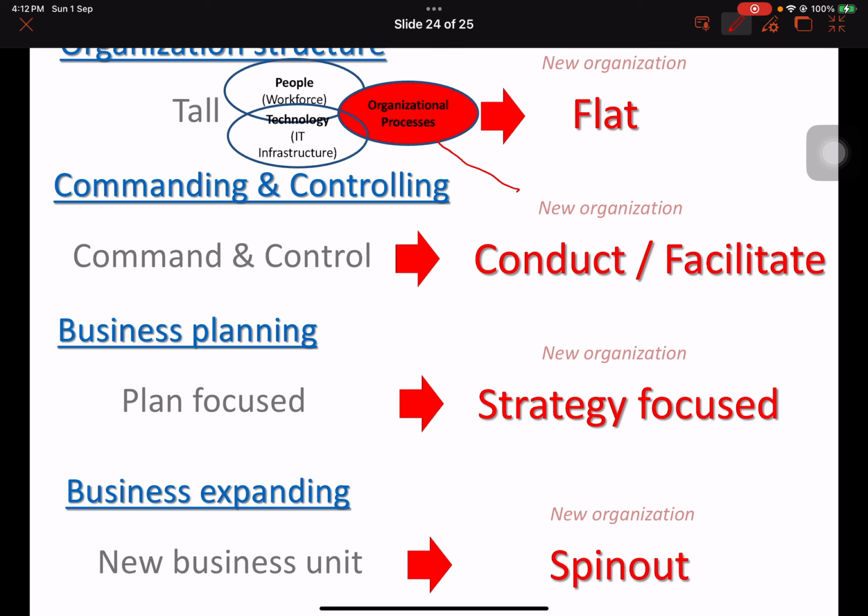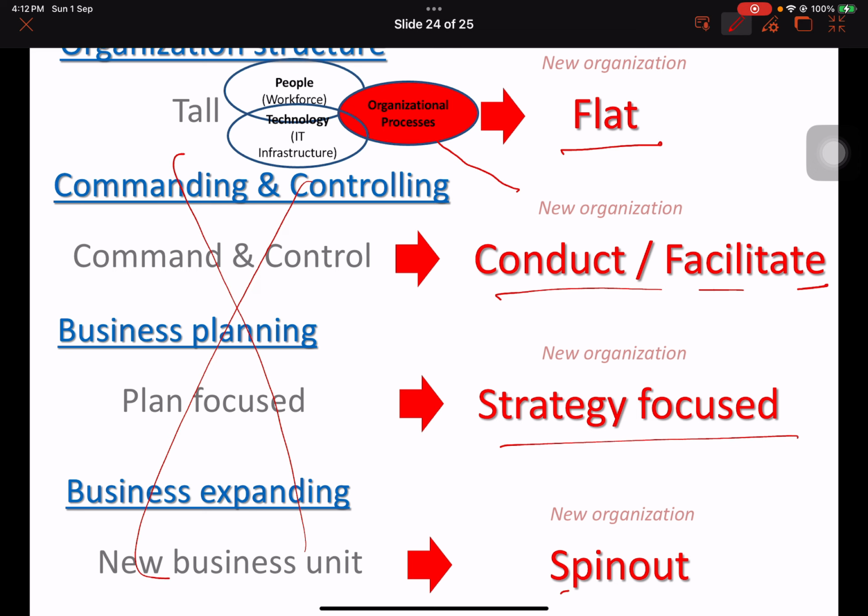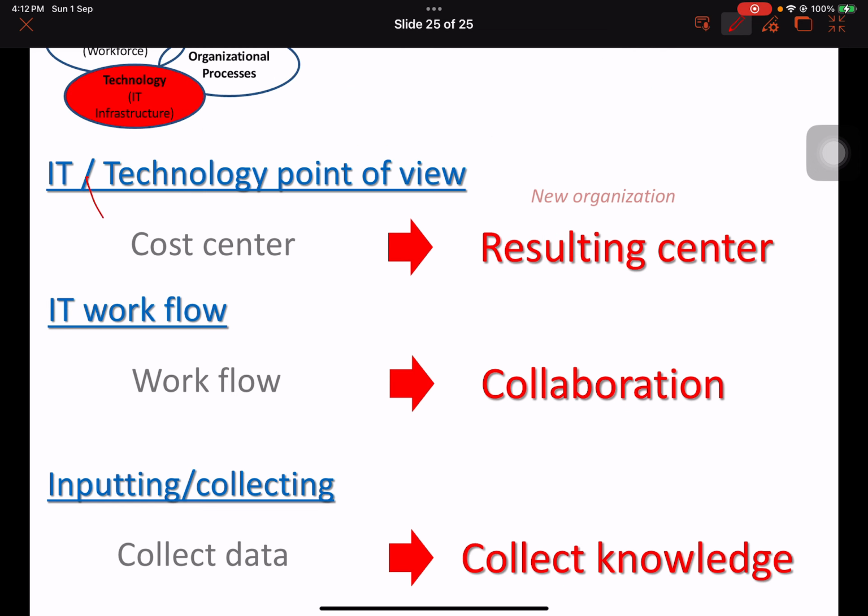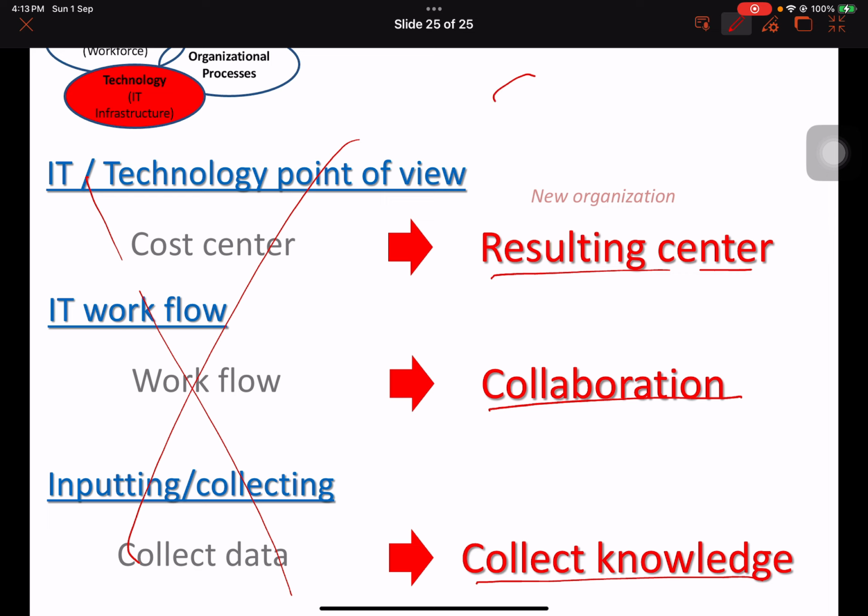For the organization, we focus on flat, strategy focus, and spin-out. In terms of technology, it is a resource center, collaboration, and collecting knowledge. And we talked about social network analysis to find who relates to whom for the strategic knowledge. This is all about chapter 5, part 1.